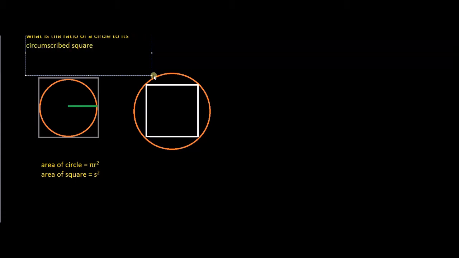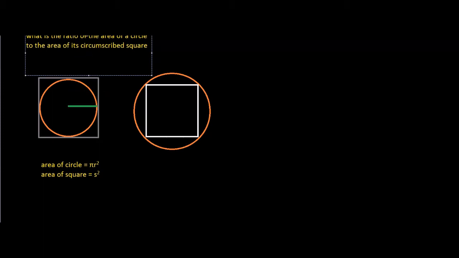In other words, I want to know the area ratio of the area of a circle to the area of its circumscribed square. This ratio is always going to be the same, no matter if we make this square as big as we can and fit a really big circle in there, or make it really tiny. That ratio is always going to be the same. We'll see that in a second.